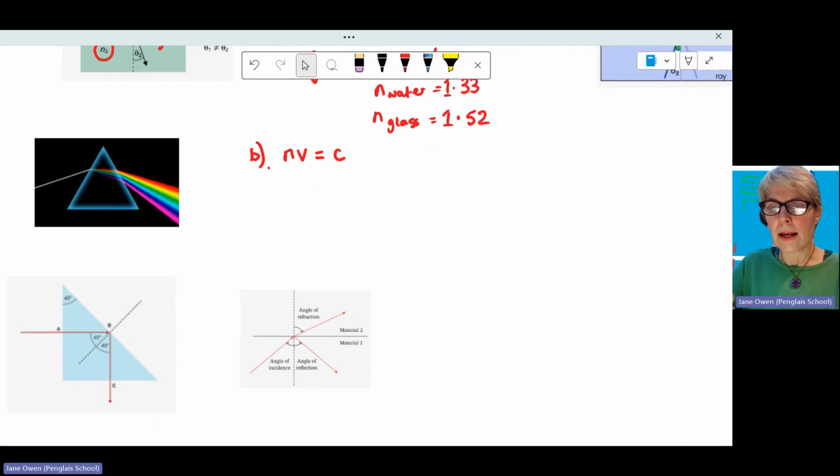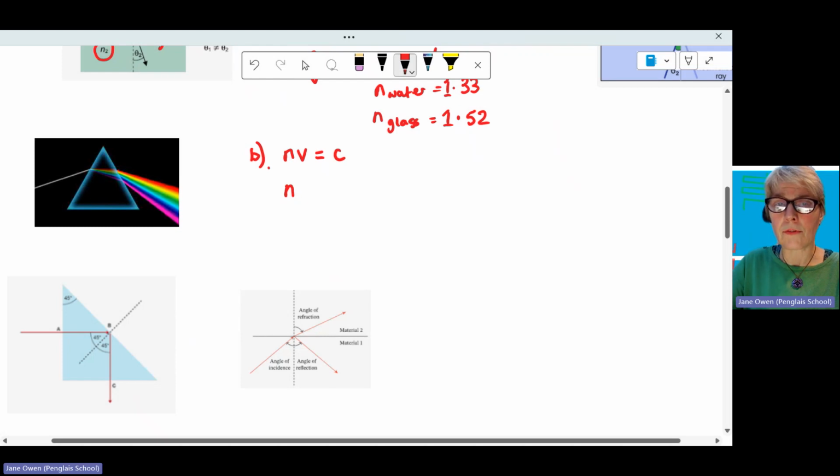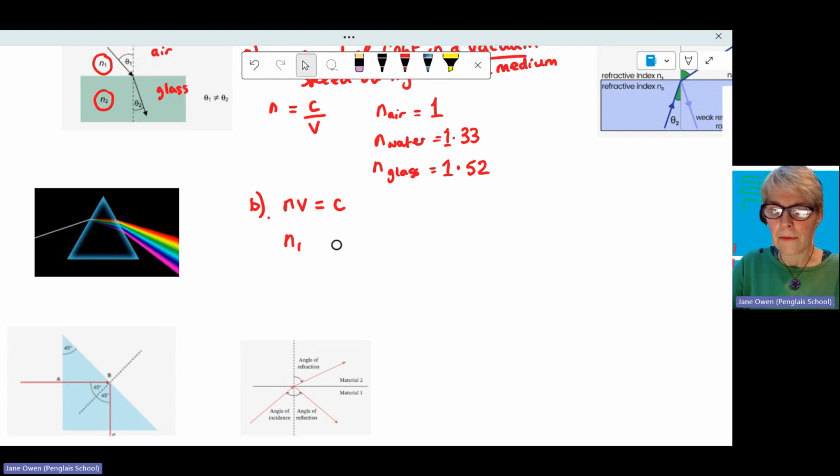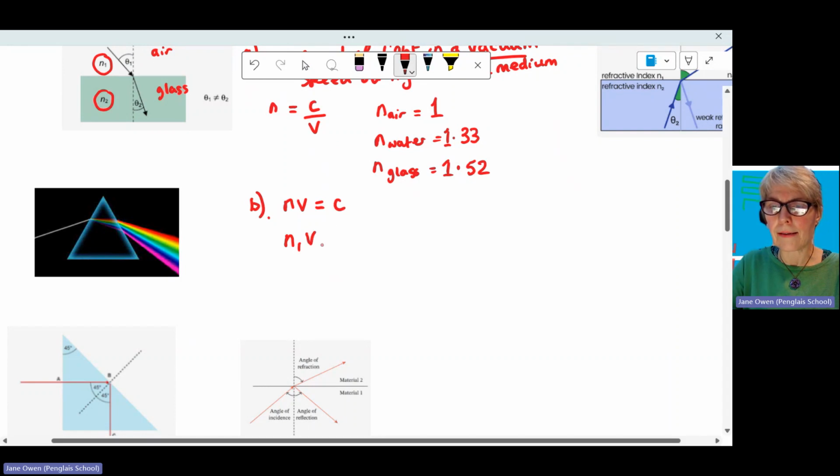So if we look at the velocity and the refractive index of, say, the first medium, n1, in this case in our example air, and times it by the speed of light in air, then that's equal to a constant, which is the speed of light in a vacuum, which is the same as the refractive index in medium 2 times by the velocity of that light in medium 2.